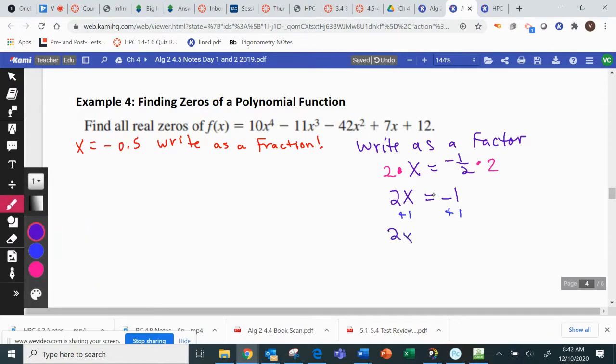Mm-hmm. Mm-hmm. Yep. Yep. Nope. Nope. What's that?